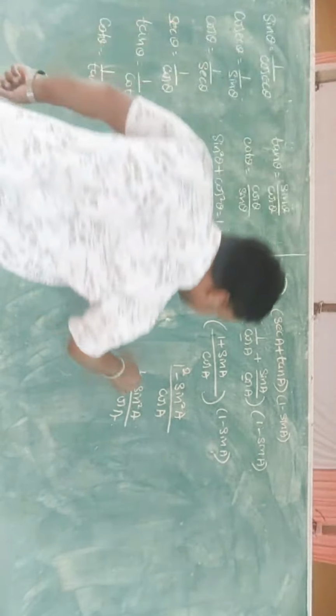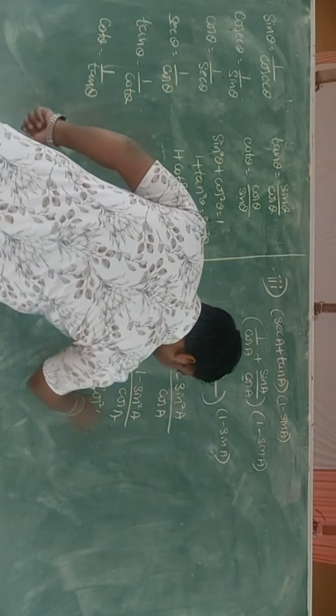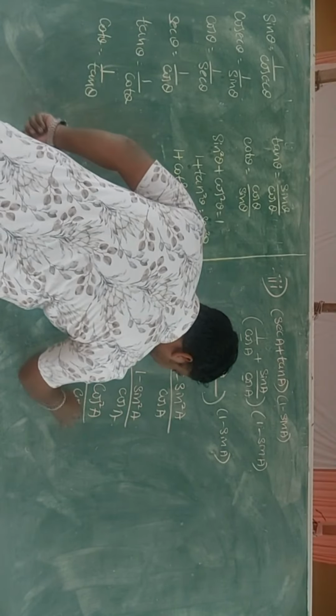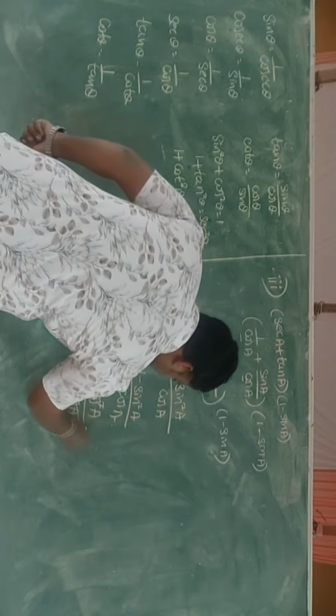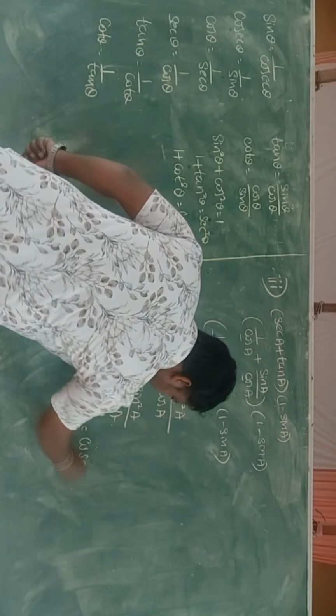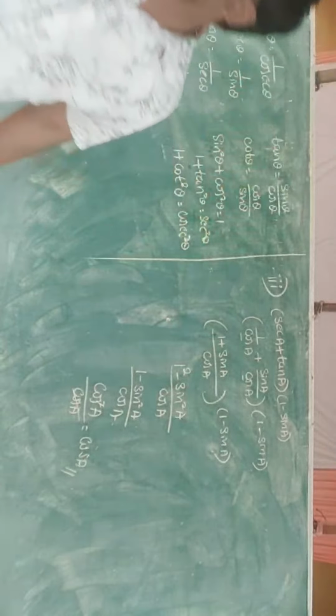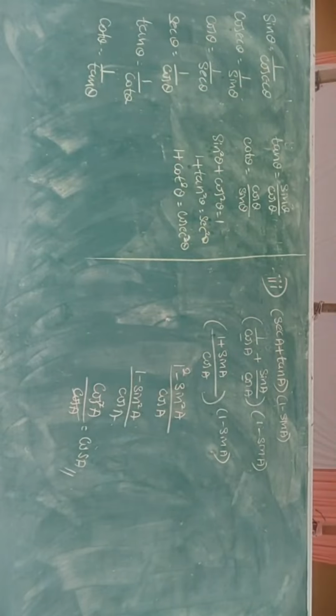So I can write 1 minus sin square A as cos square A, divided by cos A. One cos A cancels, giving cos A. Which option is there? Option B. Note.